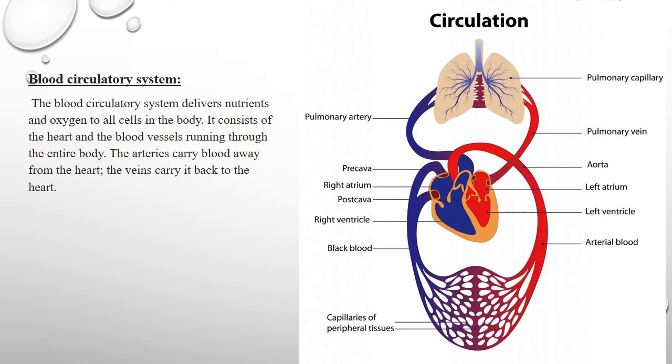It beats 100,000 times a day, pumping 2,000 gallons of blood supply to your body. The blood contains oxygen, water, and food substances. It is really important for the existence of life. Without it, life is not possible.